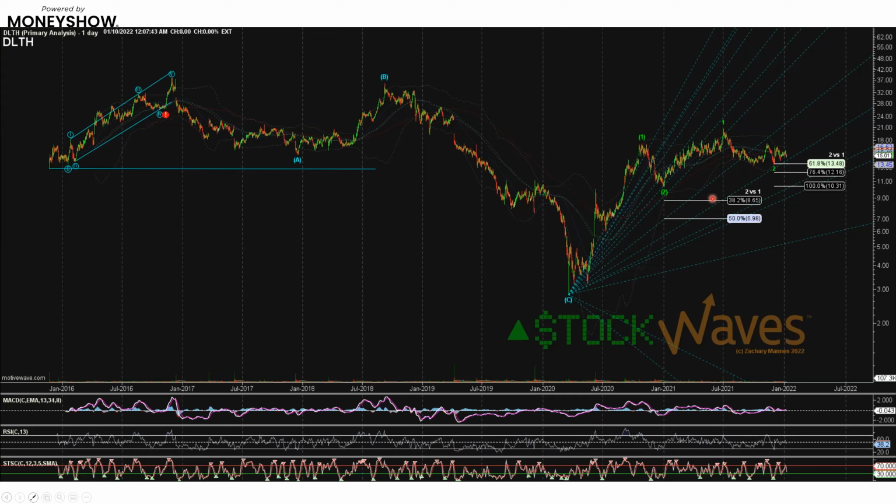So if you follow sound risk management practices, then it really doesn't take that good of a batting average to just break even. And when your batting average is closer to 70% of the time that the patterns that you're looking for are playing out, then you can do very, very well.